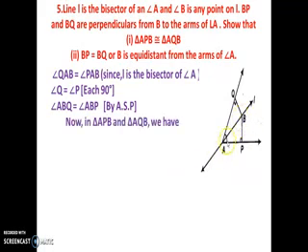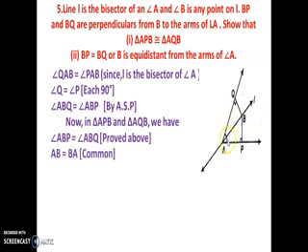Now take these two triangles, that is triangle APB and triangle ABQ. In these two triangles we already proved that angle ABP is equal to angle ABQ, and also AB is common to both these triangles, so AB is equal to AB.